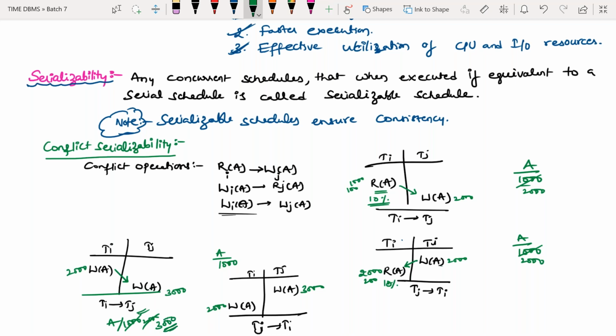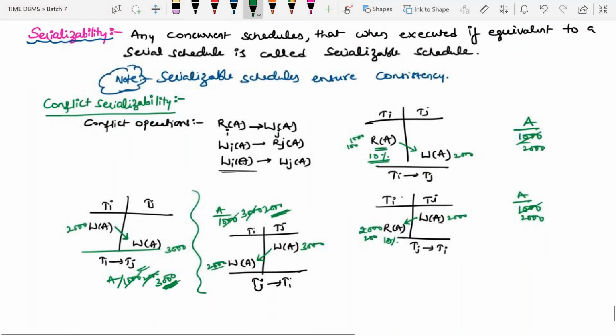So the final state of the system is 3000. If Tj executes first, then Ti, first Tj changes the value of A to 3000, and then Ti changes it to 2000. So the final state is 2000. Here it is 3000, here 2000. Are you getting the same states if these writes execute in different orders? No, you are getting different results.